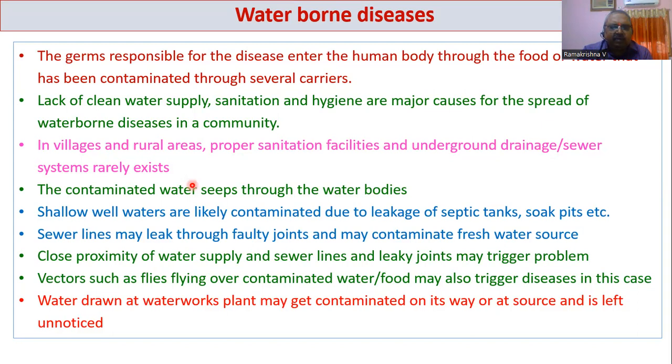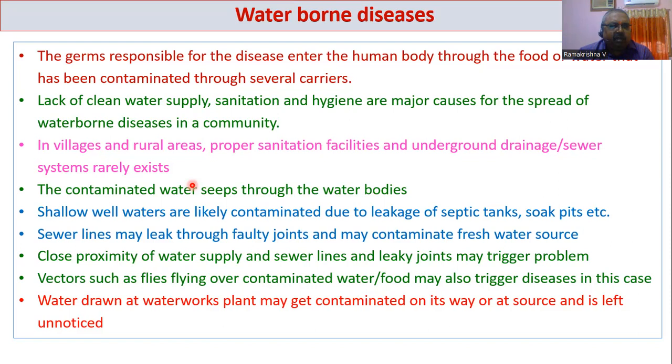The flies go on top of that and carry some viruses from the contaminated water body. Then they sit on open food material, and automatically that virus gets transmitted through the food. This is where the problem of waterborne diseases comes in.